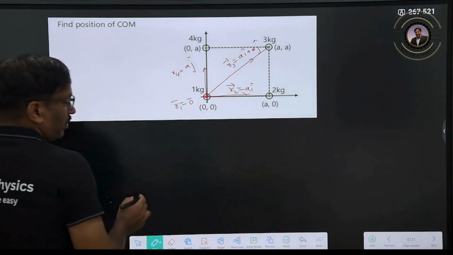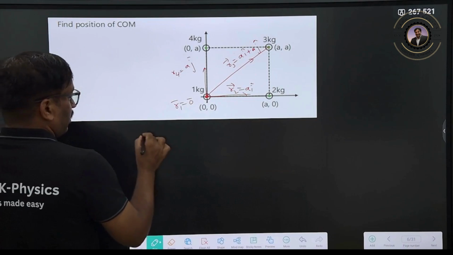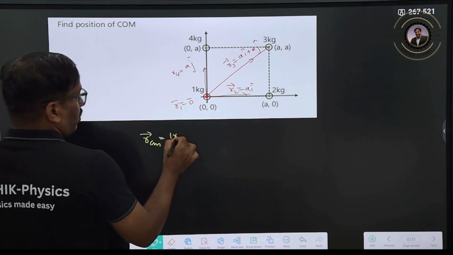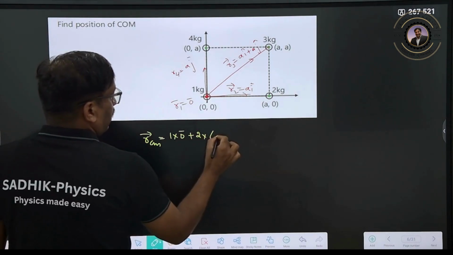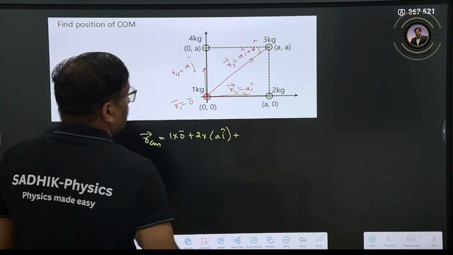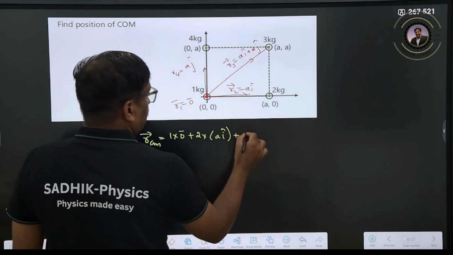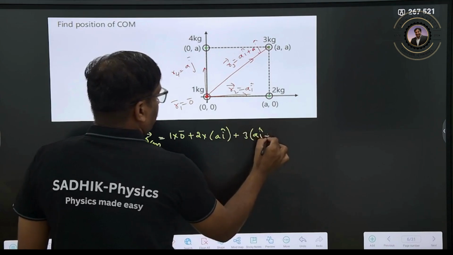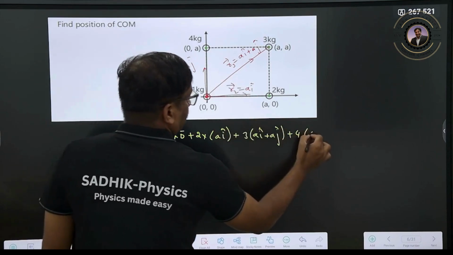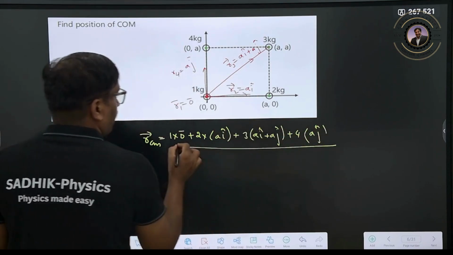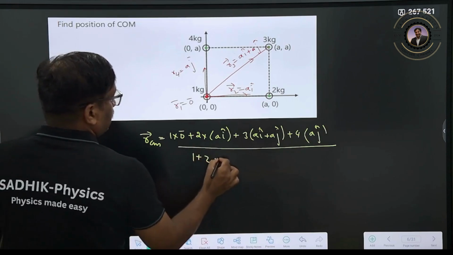Now the same thing, RCM you can write down: 1 into 0 vector, plus 2 into a i cap, plus 3 into a i cap plus a j cap, plus 4 into a j cap, divided by 1 plus 2 plus 3 plus 4.